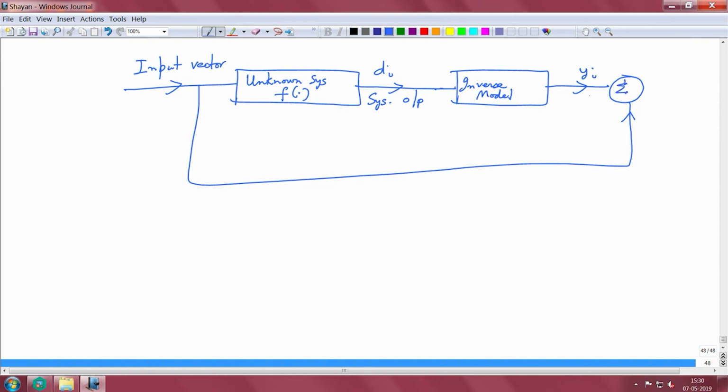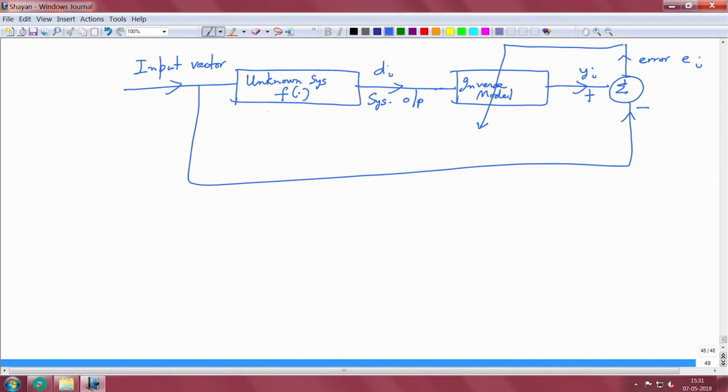In one path you have y sub i, in the other path you have the input vector, you take the deviation, you get the error e of i, and that drives this model, because we want to model this unknown system. What we want is for y of i to be very close to the input vector that we have.